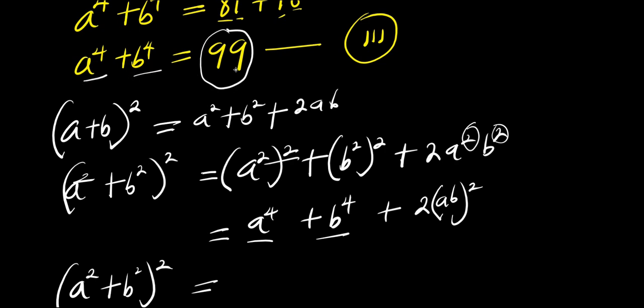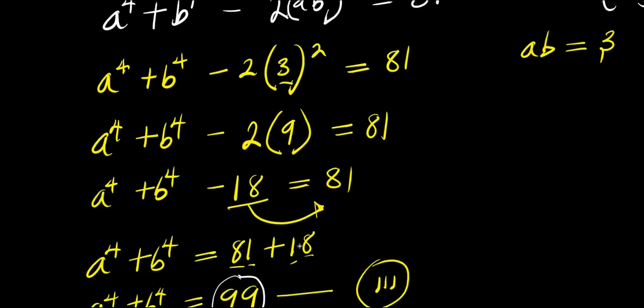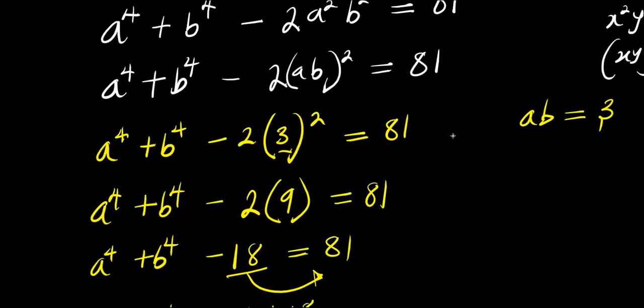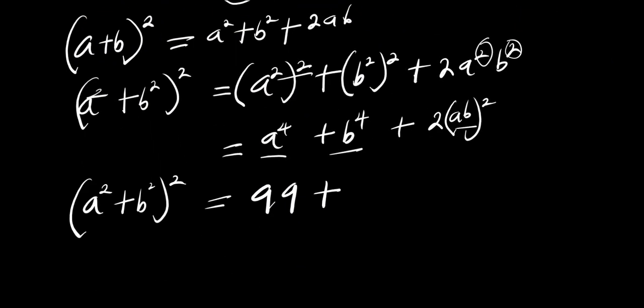A power 4 plus b power 4 is 99. So this will be 99 plus, ab is 3 here, you have 2 times 3 power 2.